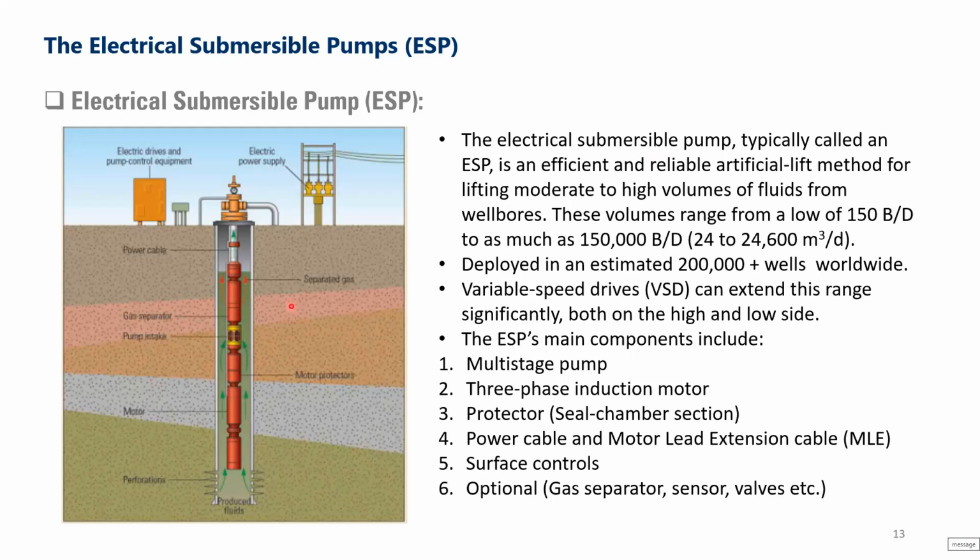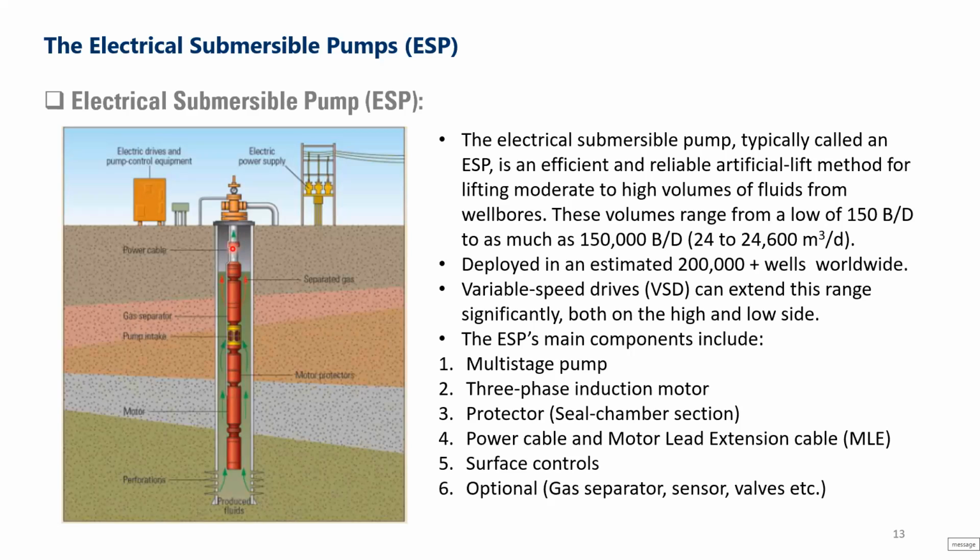On top of the intake, we might have a gas separator. It's an option, used if the reservoir is gassy and there's a lot of gas that needs to be handled. Otherwise, if we don't have a gas separator, you can have a pump, which is a mandatory component. Then on top of that, you will have your discharge sub, and then your production tubing.